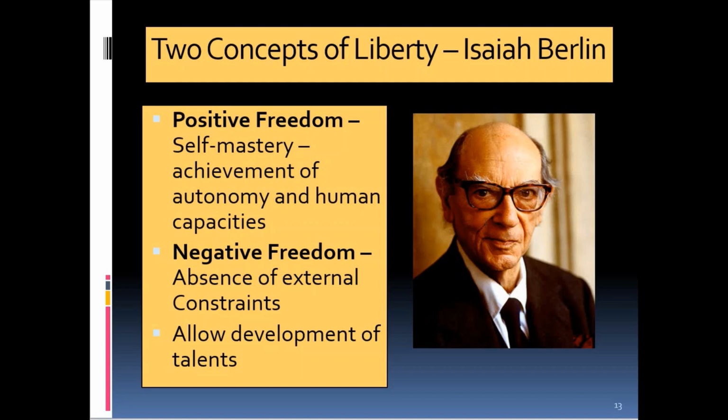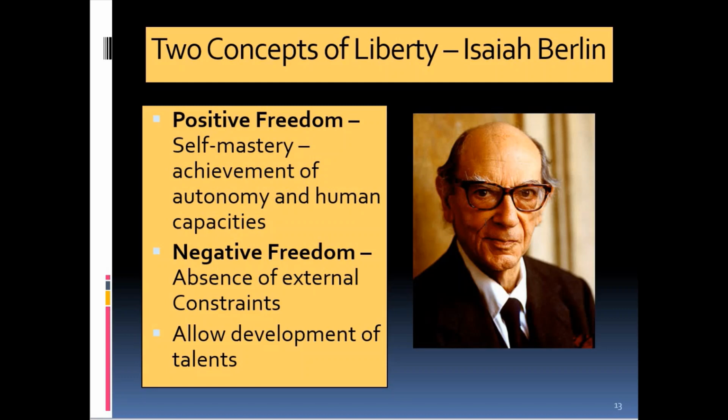But he famously talks about positive freedom and negative freedom. Positive freedom is the freedom to self-actualize, self-mastery, autonomy, and the cultivation of human dispositions, habits and capacities, right? So freedom is doing stuff, basically, the ability to do stuff, or the very doing of the stuff.